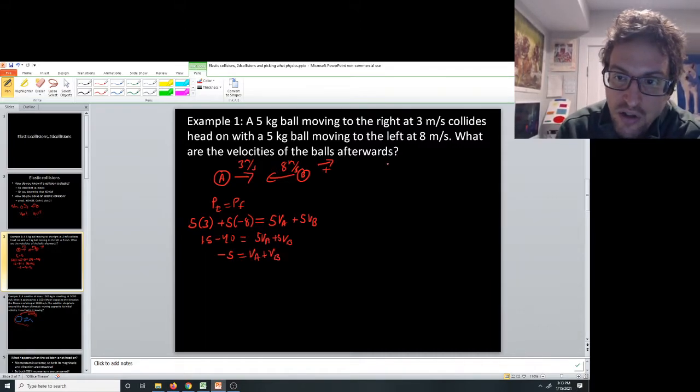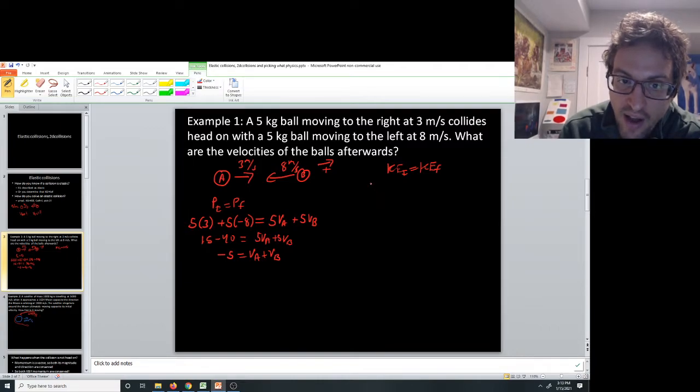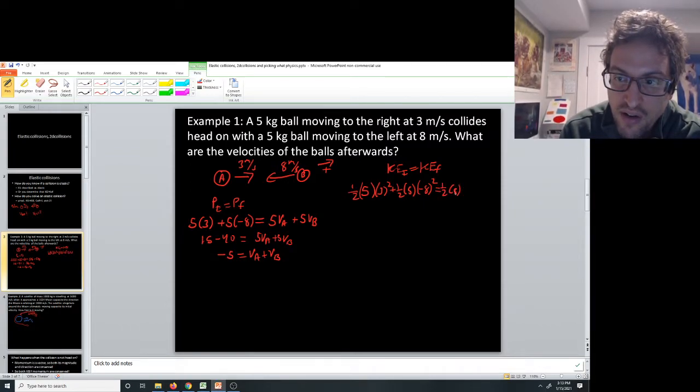Alright, so I also know that kinetic energy initial equals kinetic energy final. So I have 1/2 times 5 times 3 squared plus 1/2 times 5 times negative 8 squared equals 1/2 times 5 VA squared plus 1/2 times 5 VB squared.